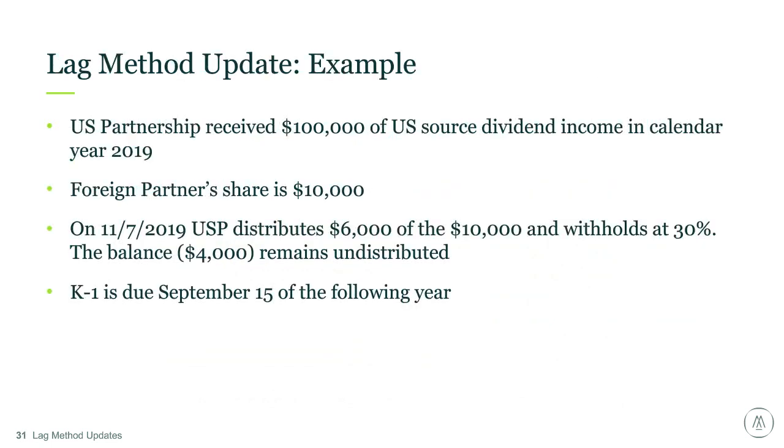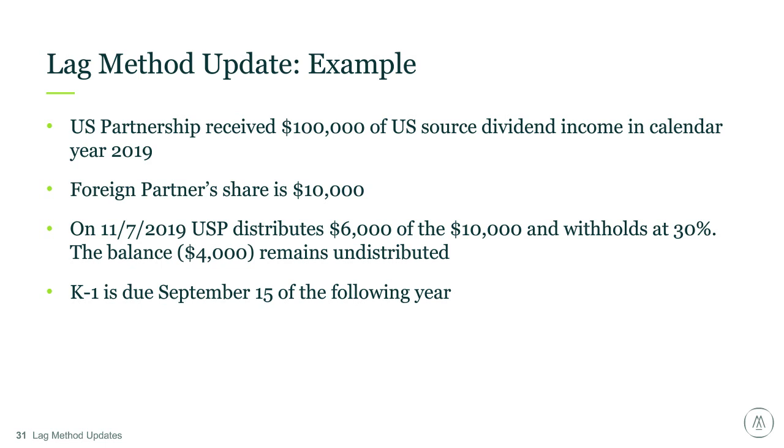So for an example, we'll run through this quickly because we are getting close to the top of the hour. A U.S. partnership received $100,000 of U.S. source dividend income at the partnership level in calendar year 2019. A foreign partner's share is $10,000. So in November of 2019, a portion of this is distributed and subject to withholding at 30%.